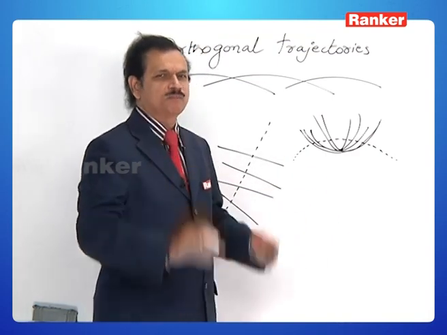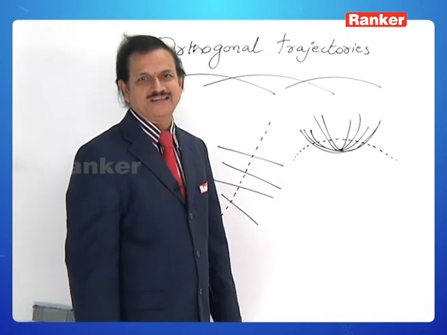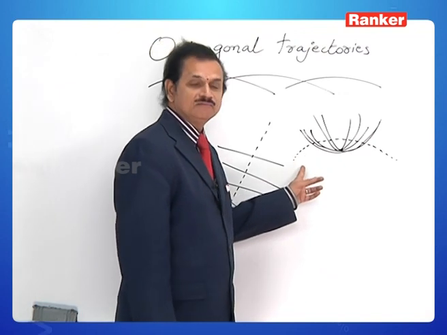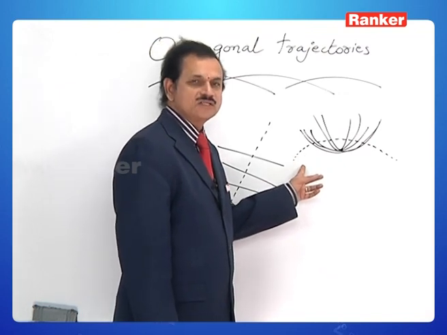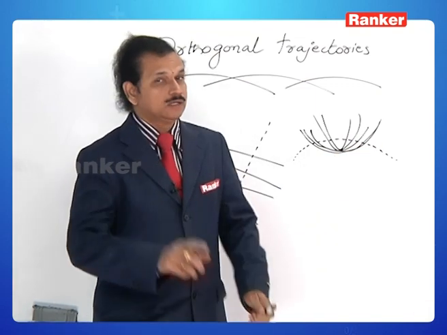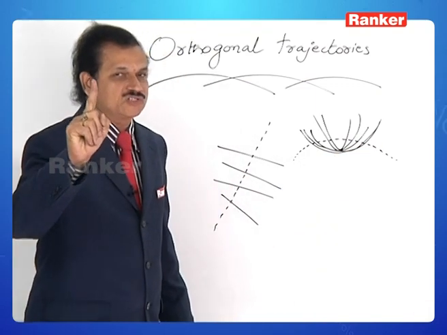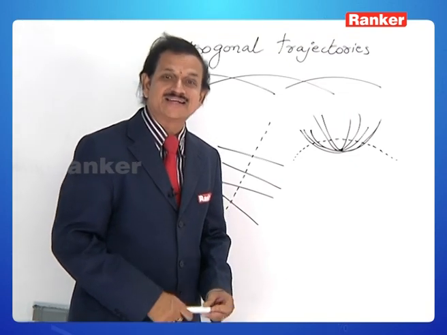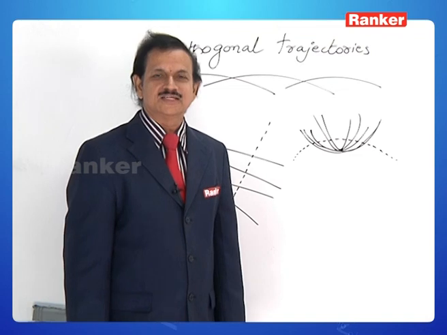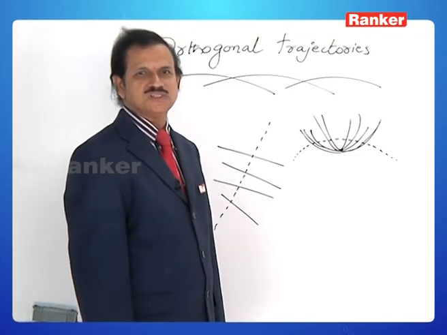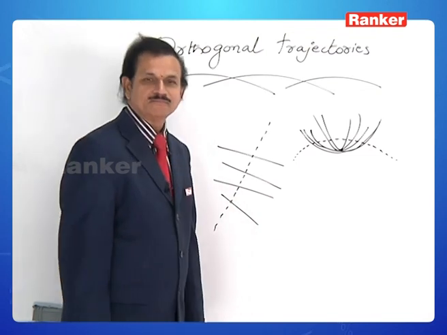There must be a fixed condition. Let me repeat it. The curve which cuts each and every member of a given family of curves by following a fixed condition can be called a trajectory. That is the actual meaning that can be given to the word trajectory.